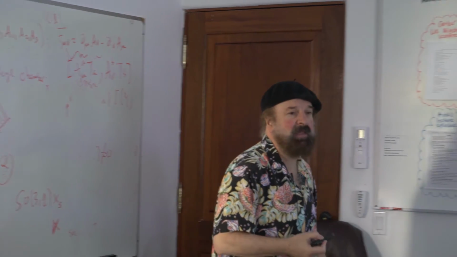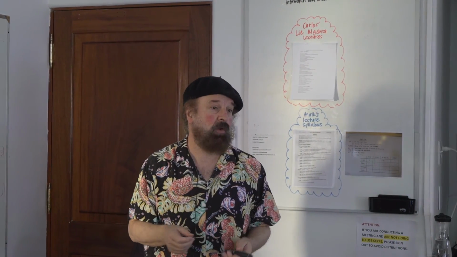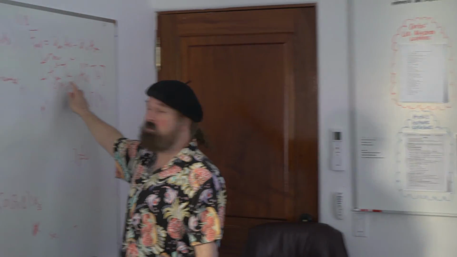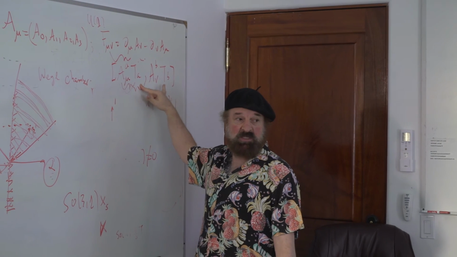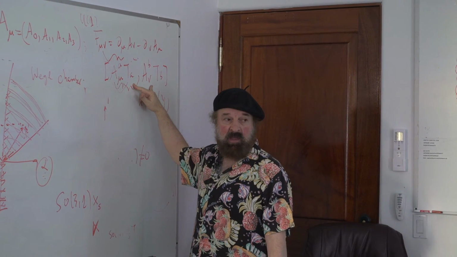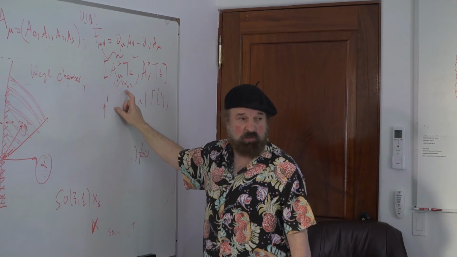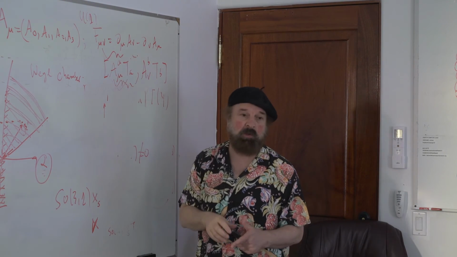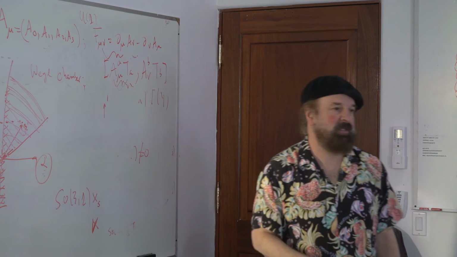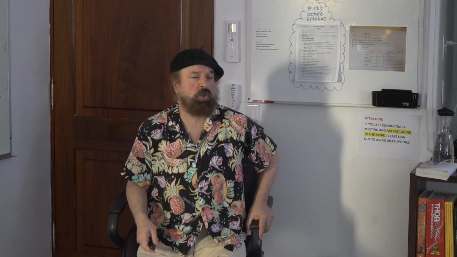This is why you assign the adjoint representation, because you are taking the commutator of this generator with this generator. And this is how you get the structure constant. Remember, the commutator of TA with TB is going to give the structure constants, and this is why you usually assign the adjoint representation to your gauge bosons.